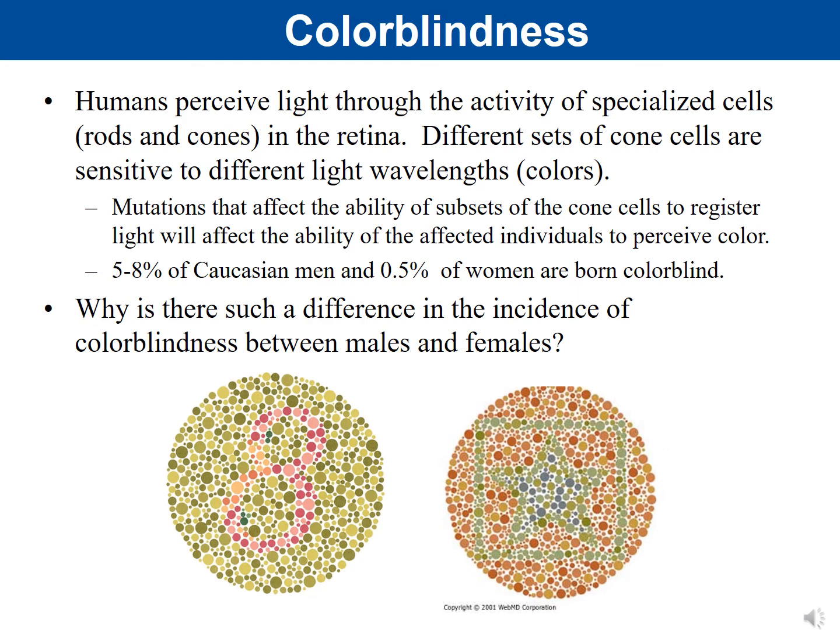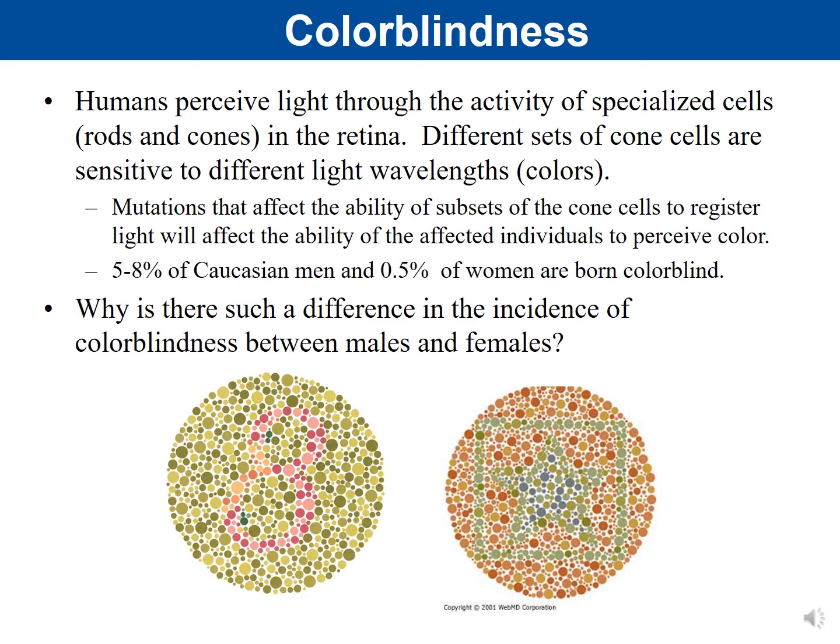And so some people are what we call red-green colorblind, which means that they have a difficult time distinguishing between red and green. Some people have blue-green color blindness. They struggle with differentiating between blue and green. Different types of mutations give us different types of color blindness, meaning it's not that they don't see any color, it's that they have a difficult time perceiving differences between colors.